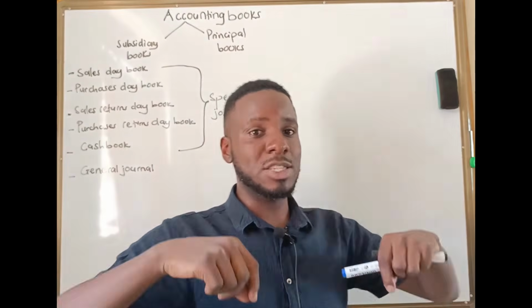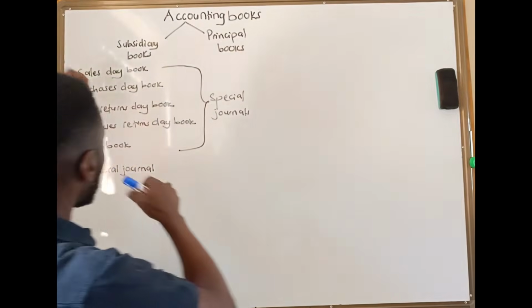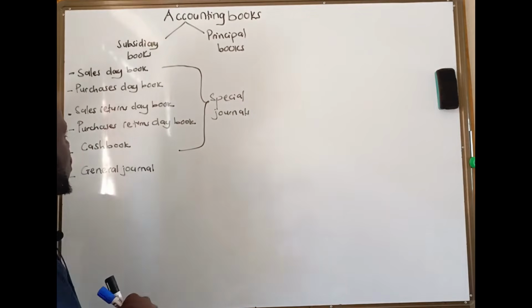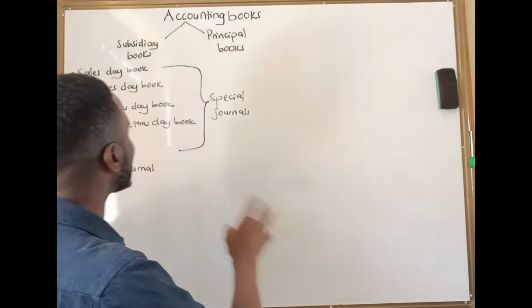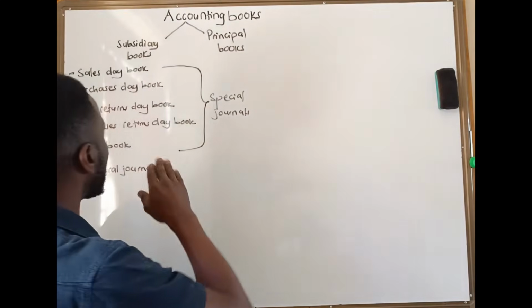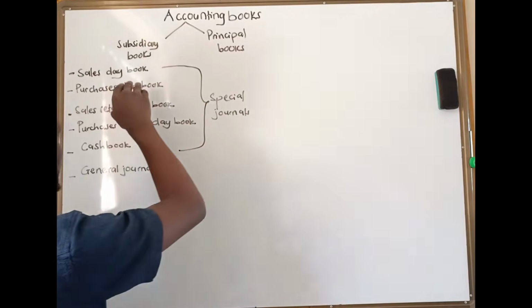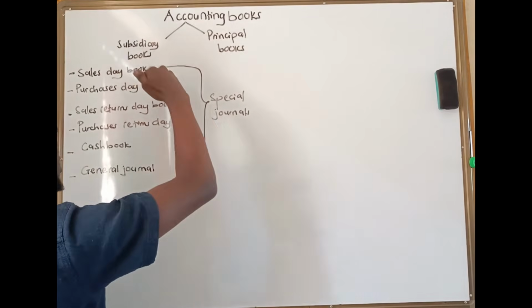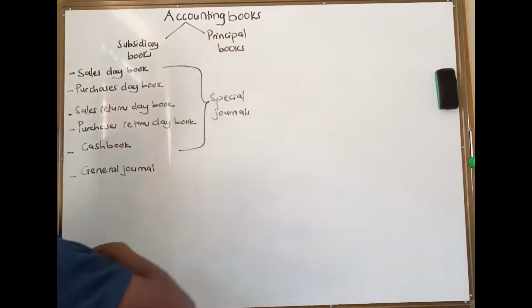Sometimes it's called the sales journal. The same applies here: when we purchase goods on credit, we shall record them under the purchases day book.